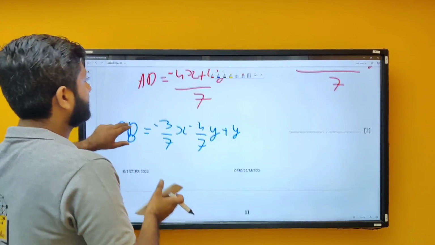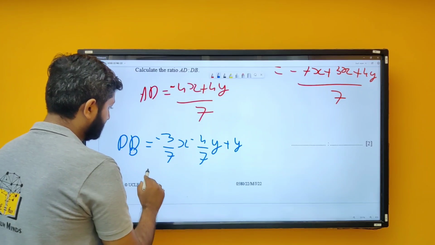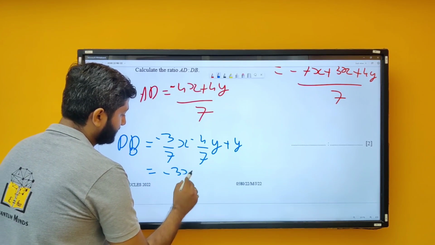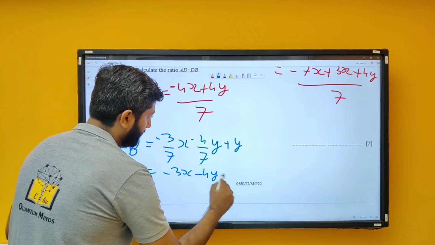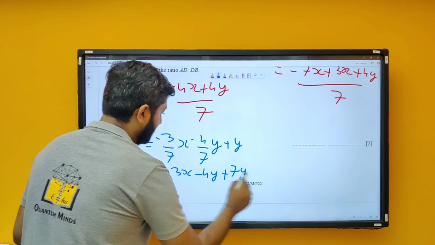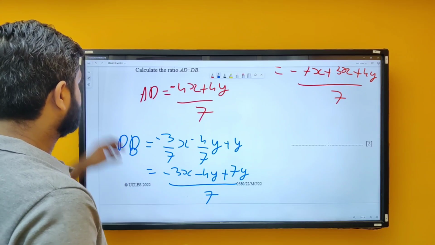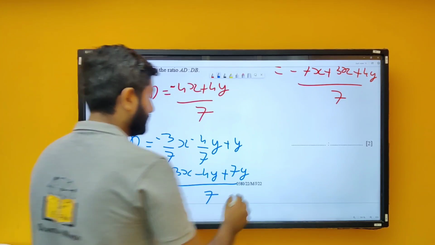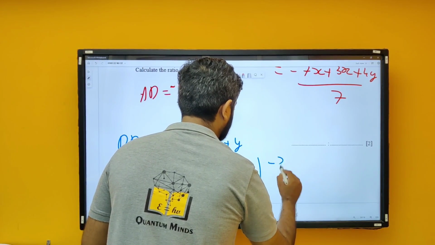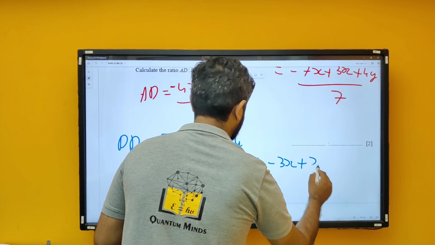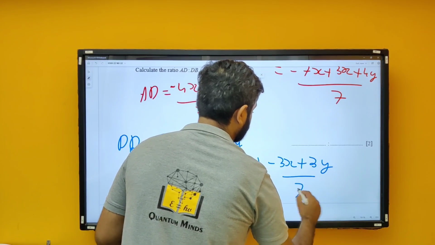Okay, so now this can be simplified as minus 3x minus 4y plus 7y upon 7. So this is nothing but minus 3x plus 3y upon 7.